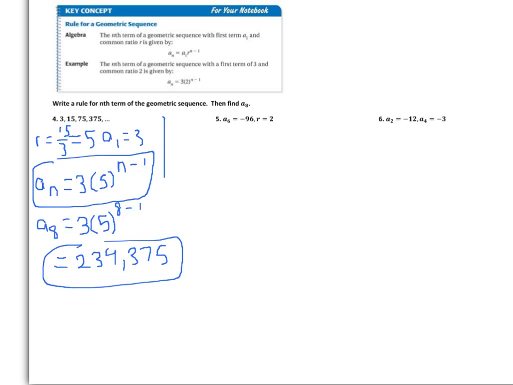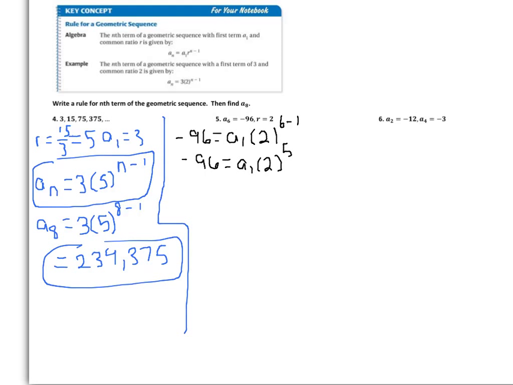For this next one, just like on the arithmetic when we had to plug in what we had, we know the 6th term is -96, so you have -96 equals first term times 2 to the 6 minus 1. So that's -96 equals a times 2 to the 5th. 2 to the 5th is 32, so -96 equals the first term times 32.